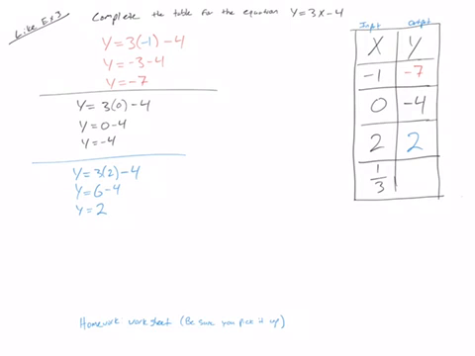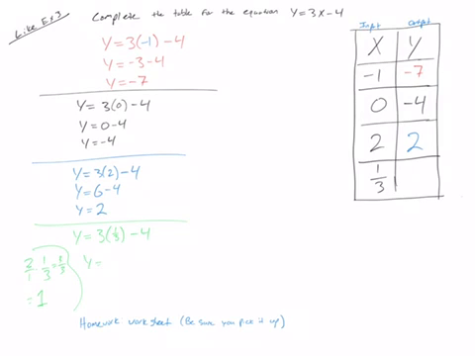And then one more here. I'm going to have y is equal to 3 times 1/3 minus 4. Well, 3 times 1/3, if we're going to do a little thought bubble here, that's 3 over 1 times 1 over 3, which is 3 over 3, which is equal to just 1.